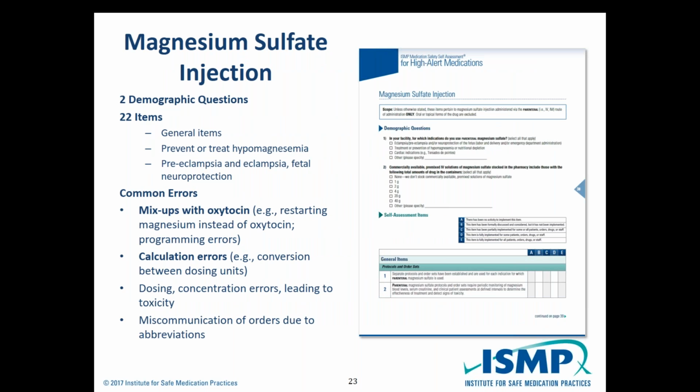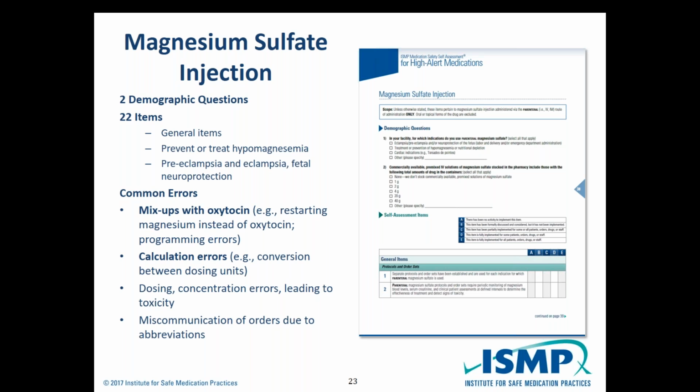The next section, magnesium sulfate injection. Once again, it's on our high alert list, but we felt it also needed a separate category in here because there's a lot of mix-ups that we get in, especially between oxytocin and magnesium, calculation errors, miscommunication.